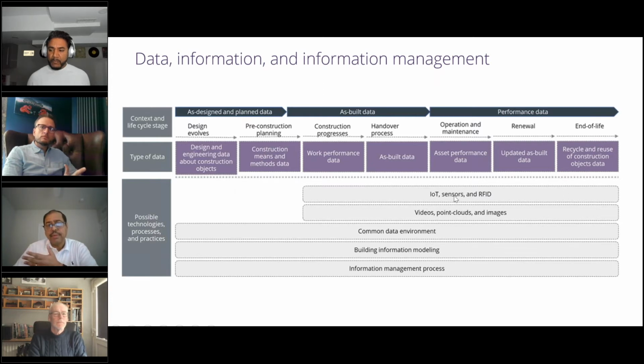We saw examples of as-built data through sensors, through videos, point clouds, but there are a whole set of other aspects of a digital twin, starting with information management processes, BIM and CDE, that can play a significant role as well.